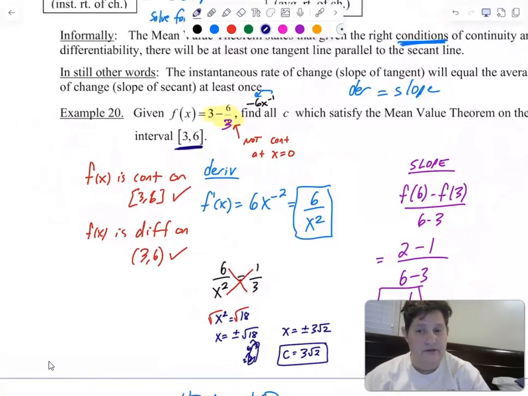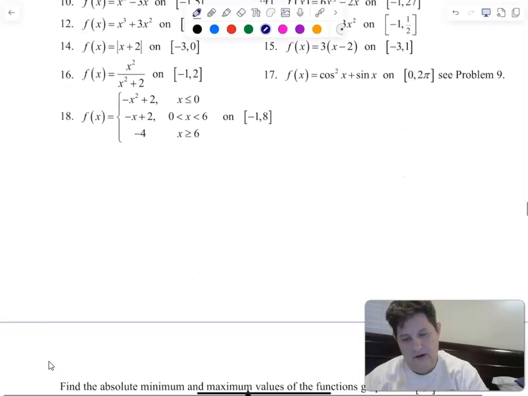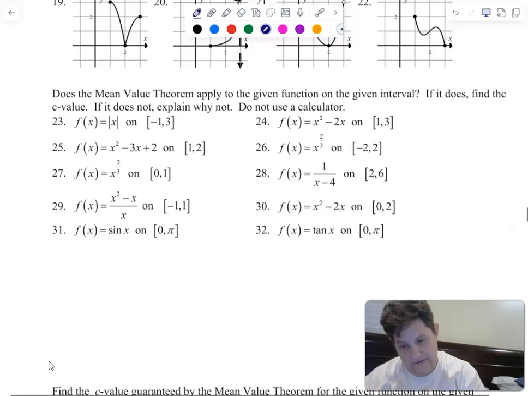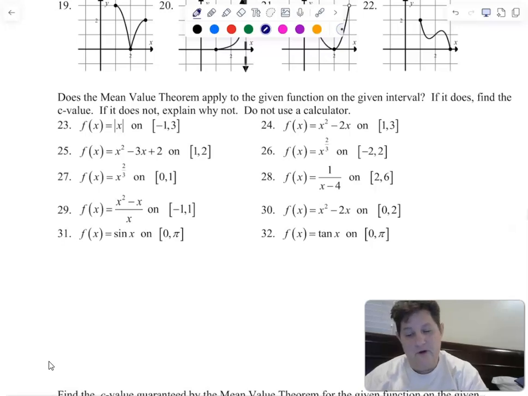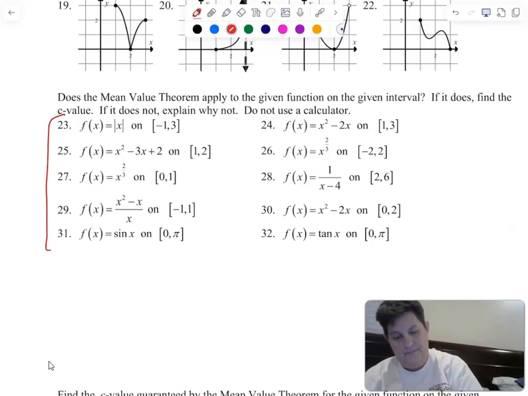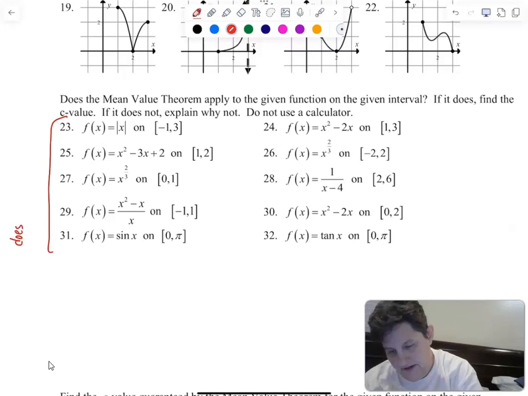Now, I'm going to start your homework with you here. The first thing you've got to do on this section is ask: does it meet the conditions?